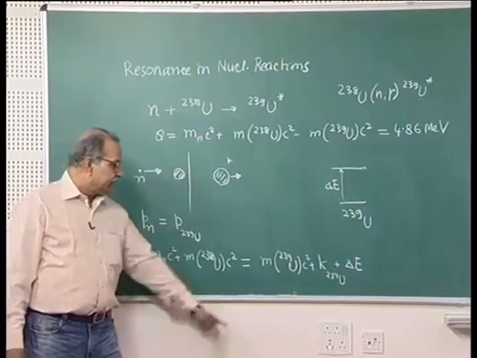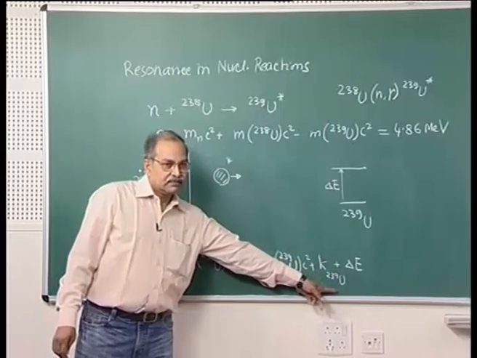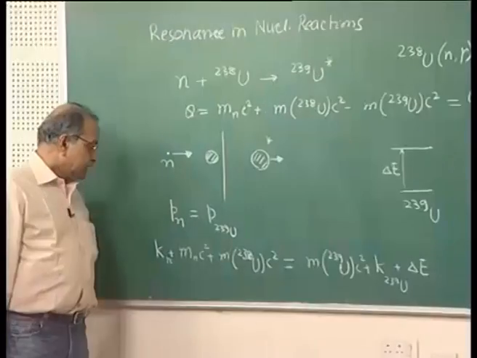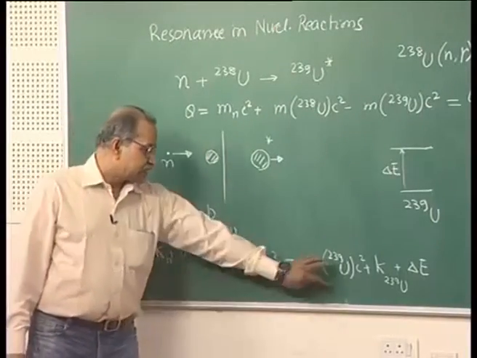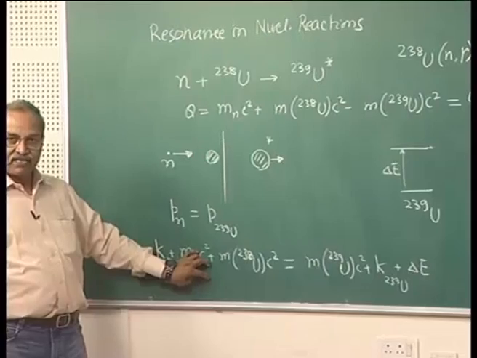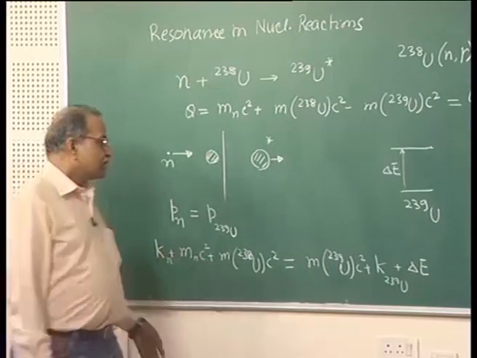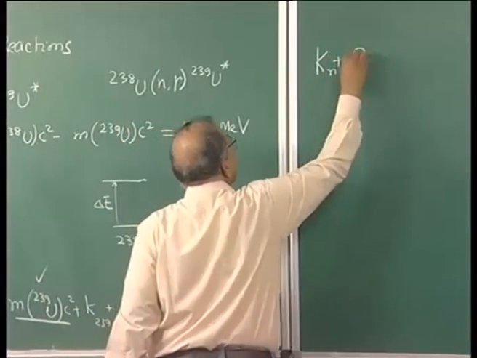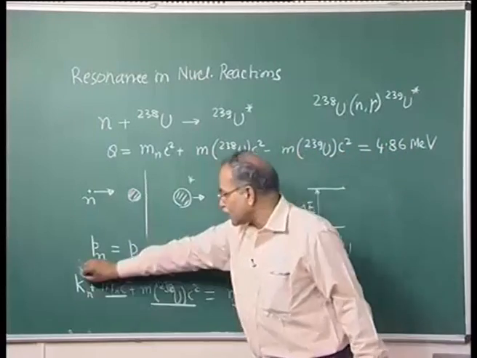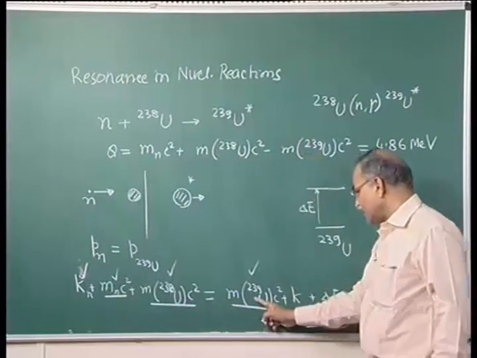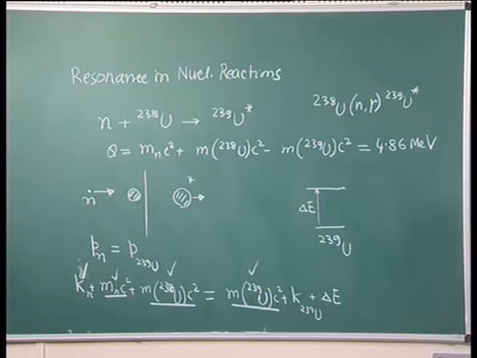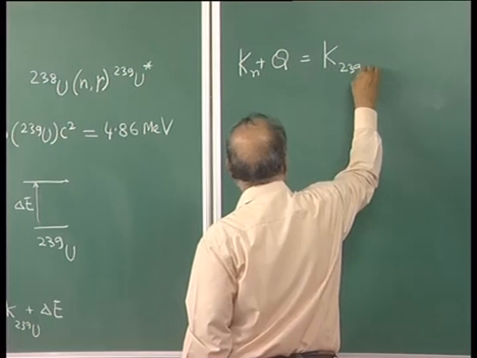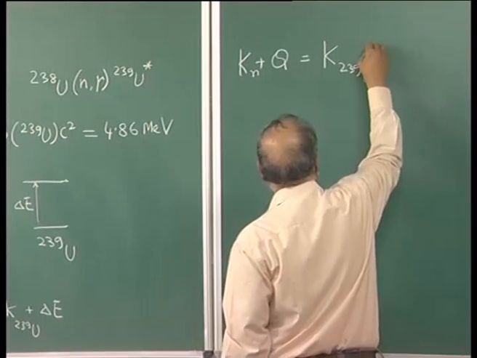Once again, we can eliminate the kinetic energy of this uranium 239, because that is something over which we have no control, and then all these rest mass energies I can put on one side and write as capital Q. So, it will be Kn plus Q, which is equal to the kinetic energy of that uranium 239 plus delta E.